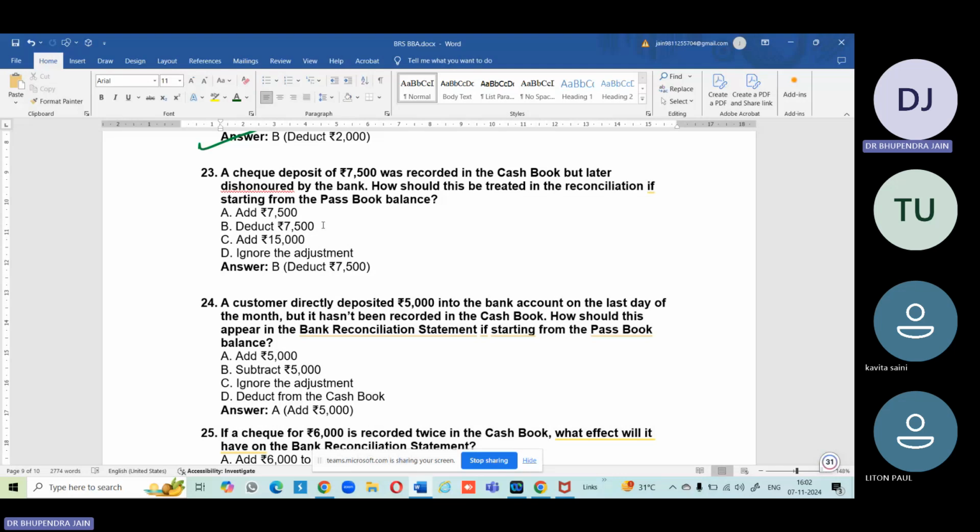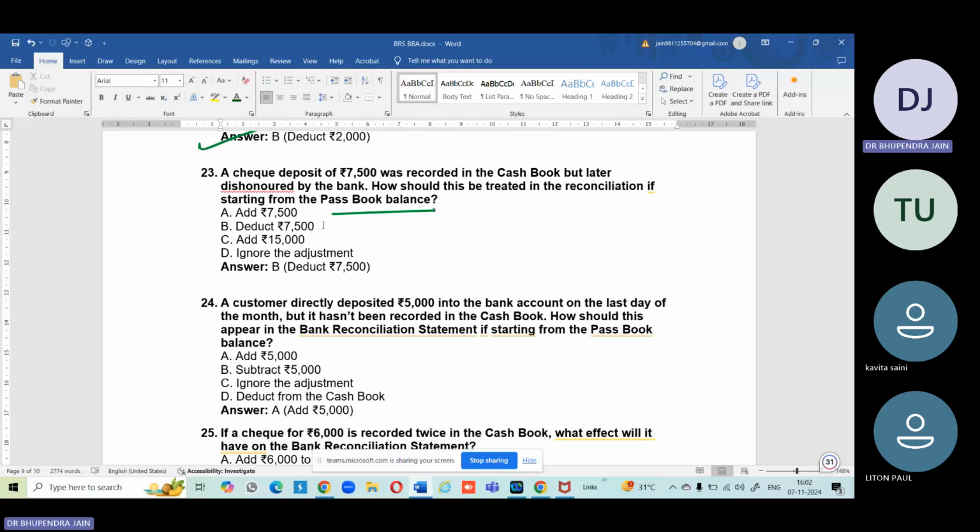A check of rupees 7,500 was recorded in the cash book, but later dishonored by the bank. In the treatment of reconciliation, the question started from passbook balance. So just we have to think the reverse. Now we will think as per the passbook.